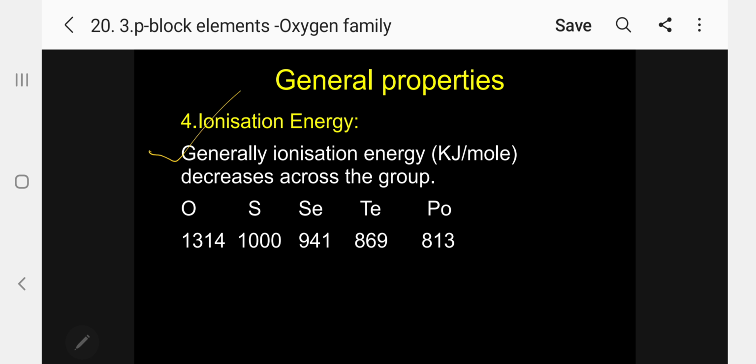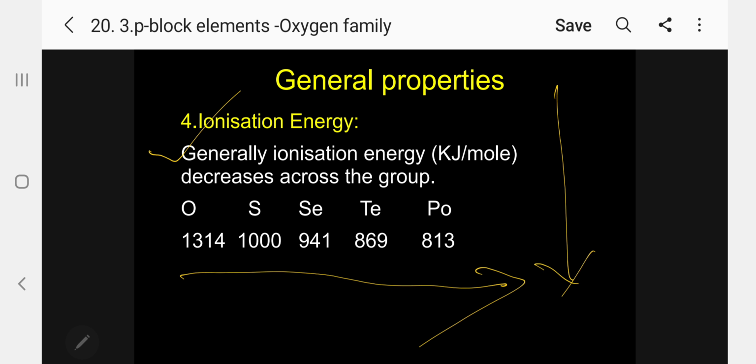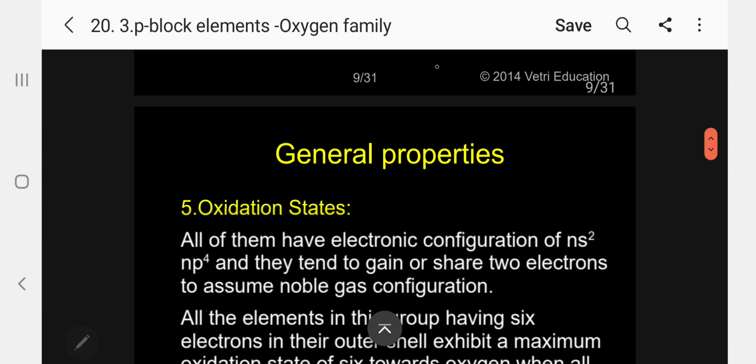So generally ionization energy decreases down the group. Oxygen 1314, sulfur 1000, selenium 941, tellurium 869, polonium 813. It decreases down the group.